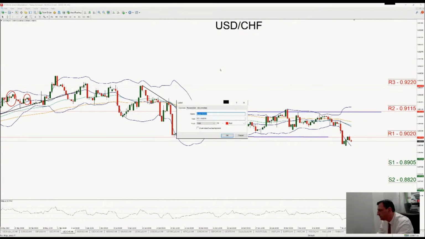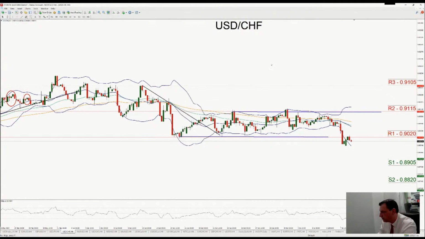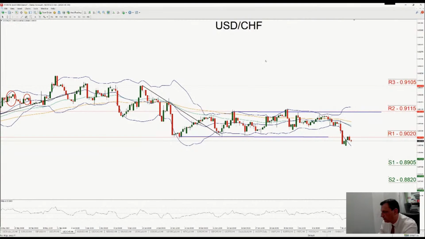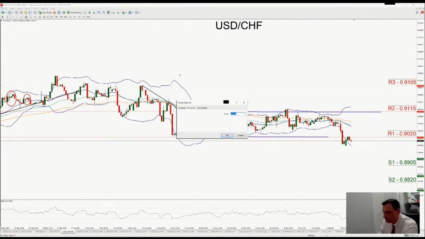Starting with the R3, which is now being placed at 0.9105. The R2 at 0.9005. Let me reaffirm the R3. Yep.